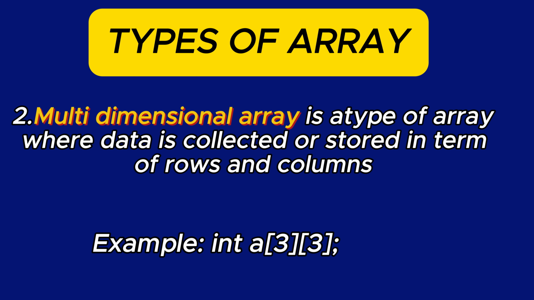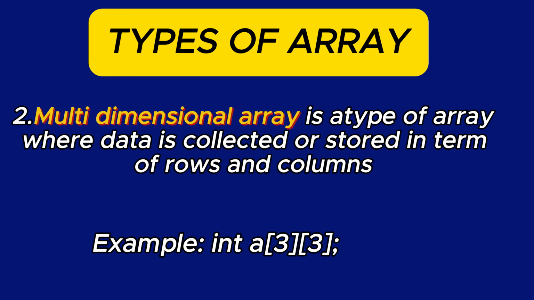We can also say it is a type of array where data is stored in terms of a matrix or table, because each element has two indices, one representing the row and another representing the column. For example, when we say int a[3][3], it means we make an array declaration of two dimensions, where int is the data type, the array name is a, and the size is 3 as row and 3 as column.